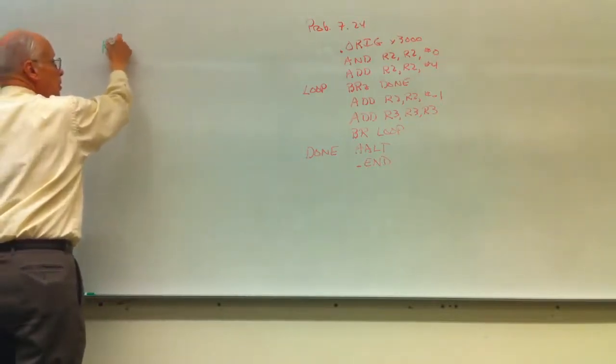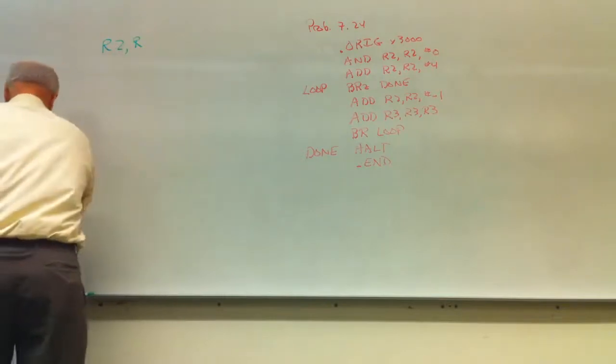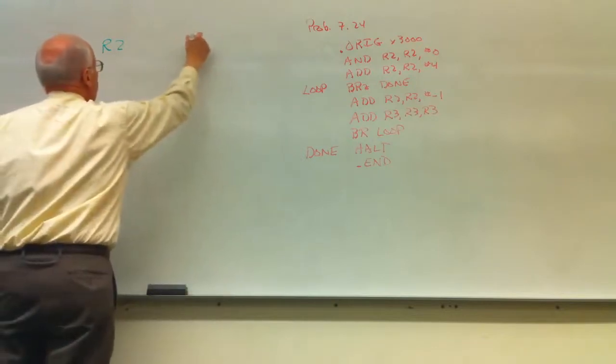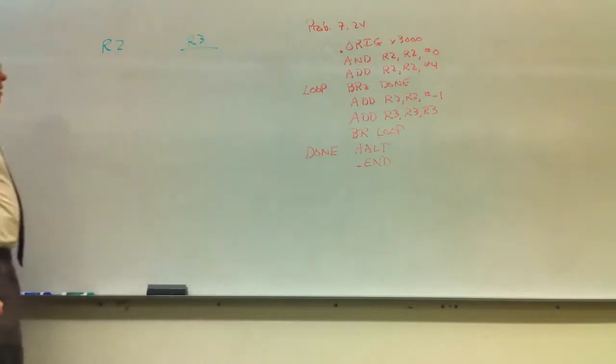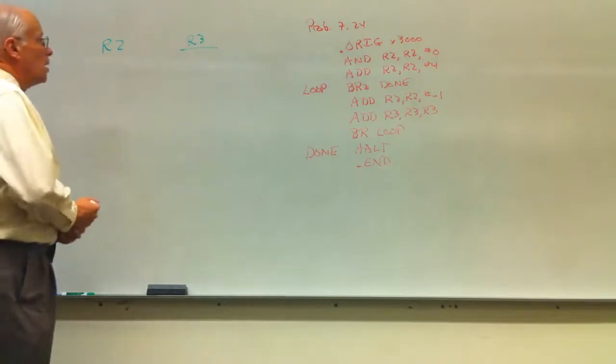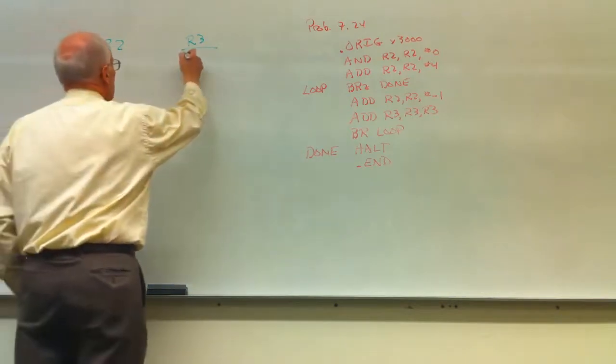Let's see, we're going to be using register 2 and register 3, and that's all, right? Yeah. Now, register 3, this is the part of it that makes it a fragment. There's nothing here that gets a value into register 3 to shift. So we'll just put something in there. I'm not going to do the whole 16 bits.